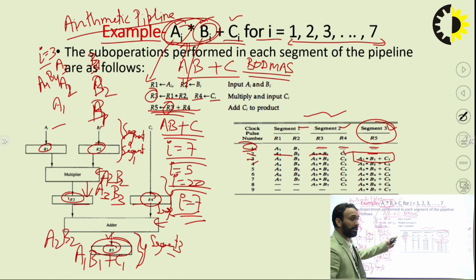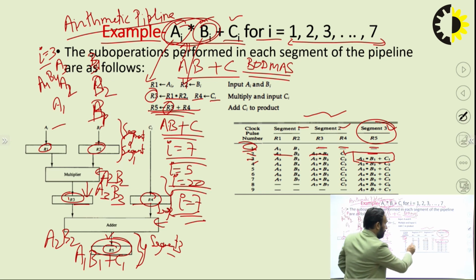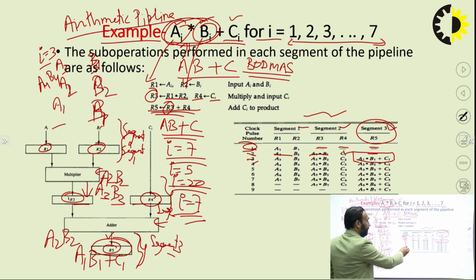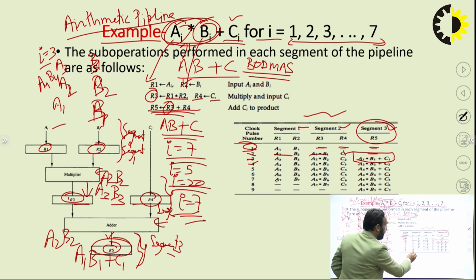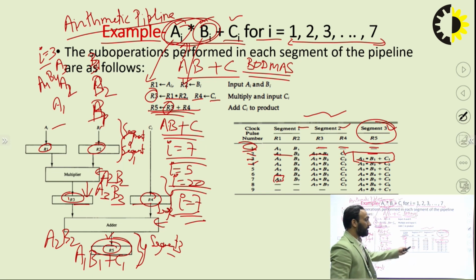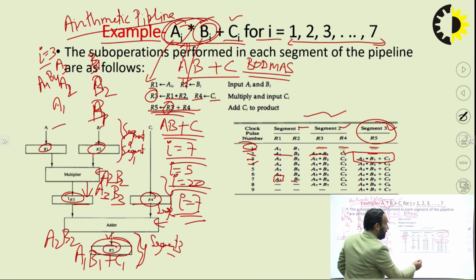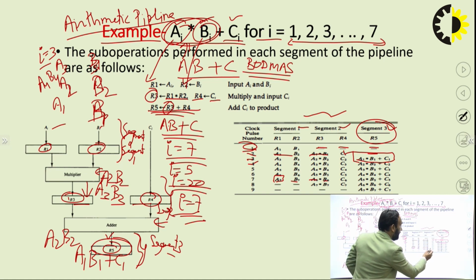Hopefully you understand the connection between these values, and up to what level we have to calculate, that is I is equal to 7. So when we reach A is equal to 7 and B is equal to 7, we will get A6, B6 as in the previous stage.